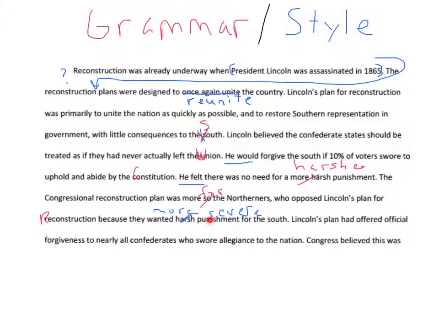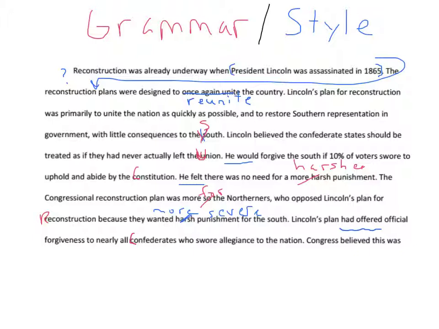Lincoln's plan had offered official forgiveness to nearly all Confederates who swore allegiance to the nation. So I'm curious about this choice right here, had offered. When we use had done something, we usually want to say that that action was interrupted by something else.